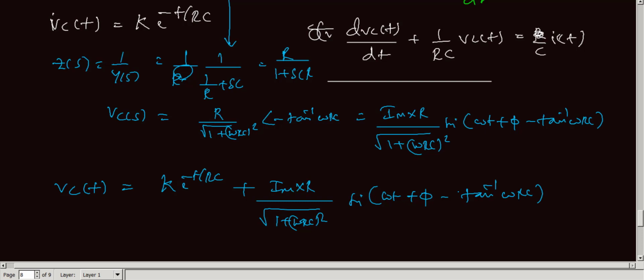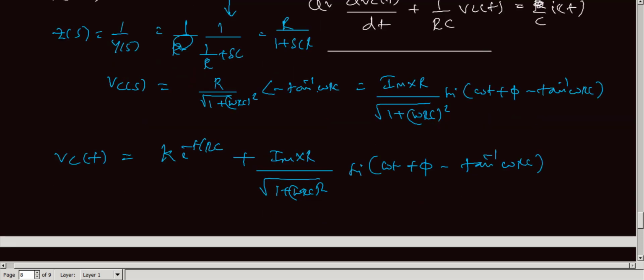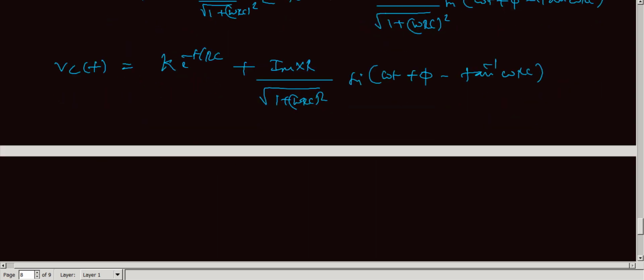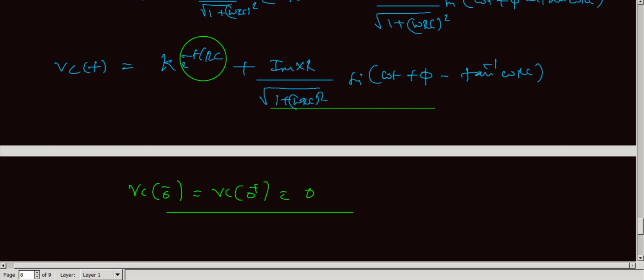I am applying the basic concept here, that is Vc of 0 minus equals Vc of 0 plus equals 0. If you substitute this 0, it should be 1. So k is equal to this value, and the transient free condition will be possible at phi equal to tan inverse omega RC.